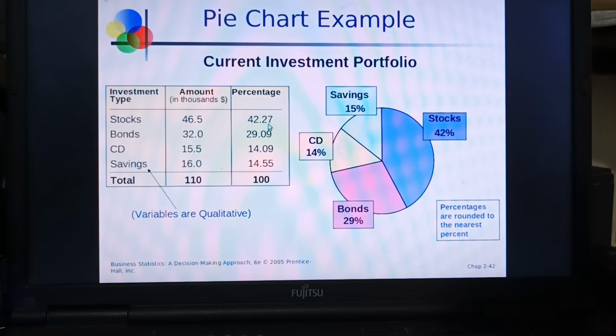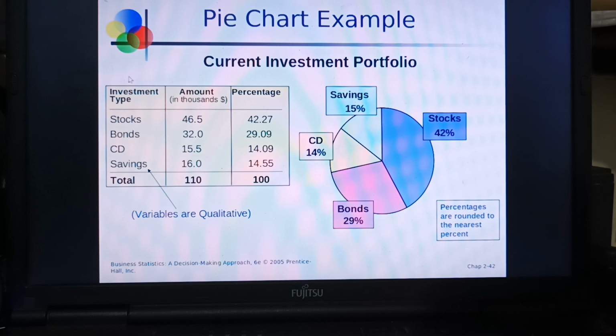This would be 42.27%, and this would be 29.09%. This would be 14.09%, and the savings here is 14.55%, for a total of 100%.